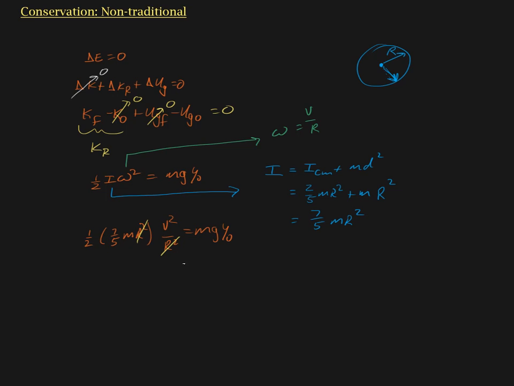R squareds cancel. Mass cancels. And now we can simplify this down. We have 7/10 v squared is equal to g y initial. So v squared is equal to 10/7 gy initial, which is exactly what we got using the traditional approach.